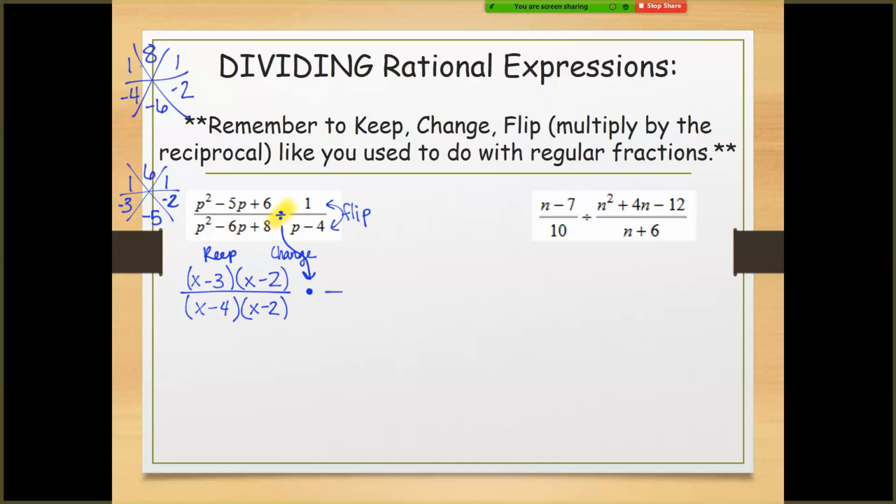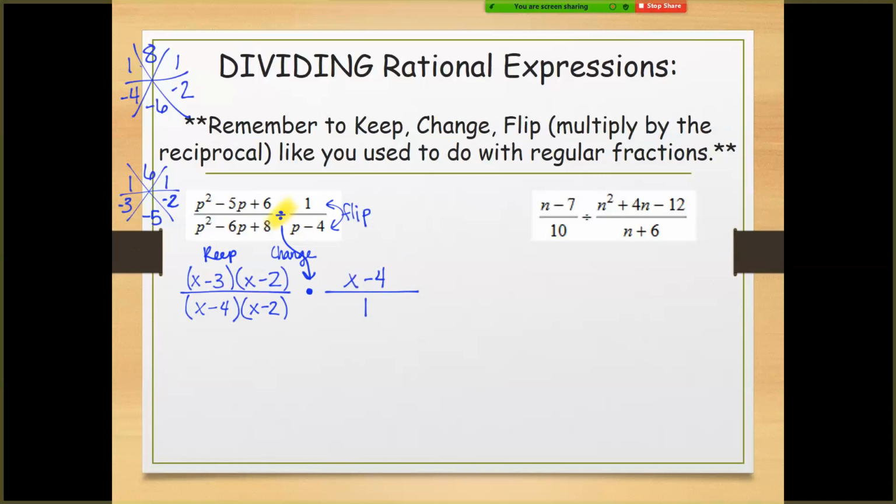So the numerator becomes the denominator. So the 1, instead of writing the 1 on top, I'm going to write the 1 on bottom. It doesn't factor, so I'm just going to leave it as 1. Same thing with the x minus 4. I can't factor that, so I'm just going to leave it as, oops, I think I used x's on the other side, x minus 4. So we flipped that second fraction upside down.